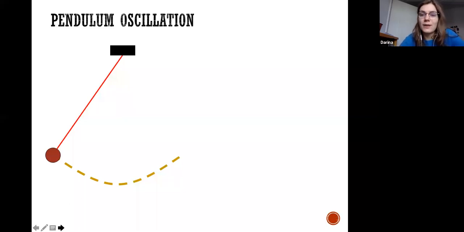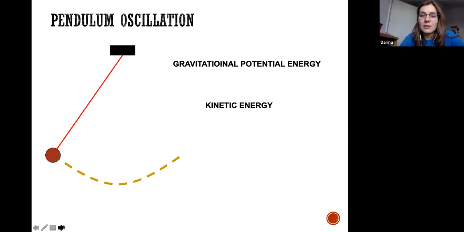It's reached its maximum value. So the kinetic energy would actually be 0 at this point, whereas the gravitational potential would be maximum. So we have maximum gravitational potential energy because it's at its highest point in the pathway, and then the kinetic energy would actually be 0 because it's not moving.